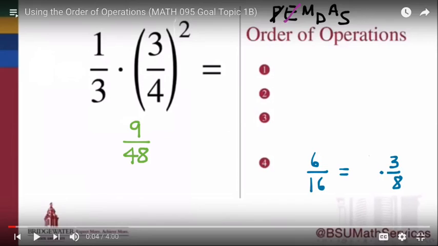So the fact that 6 and 16 both had a common factor of 2 is what made us able to reduce this into lower terms by essentially dividing the numerator and the denominator by 2. That's another way to read the process that we just did.